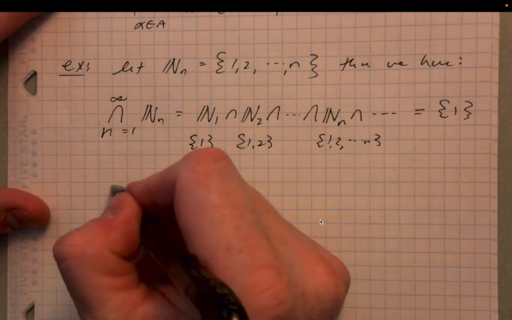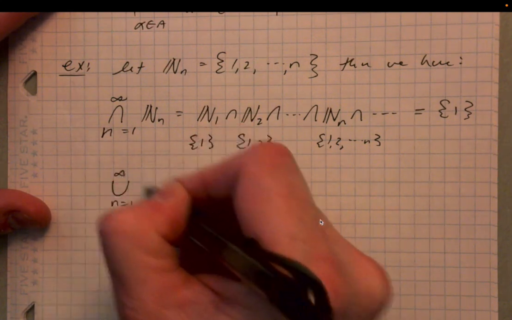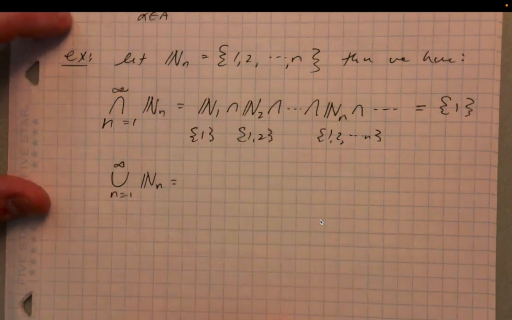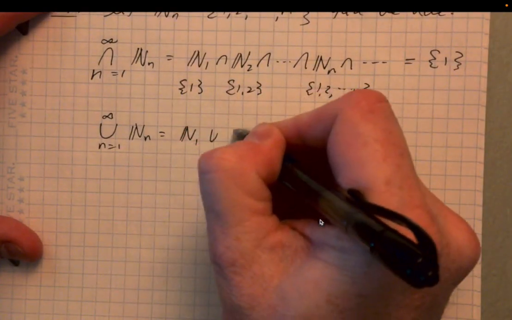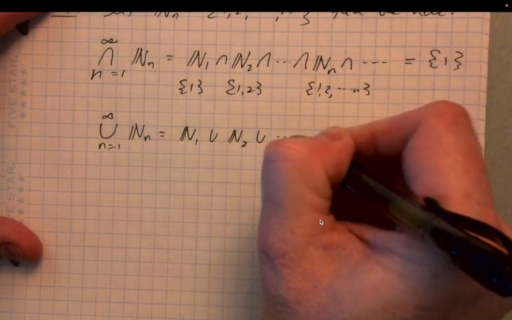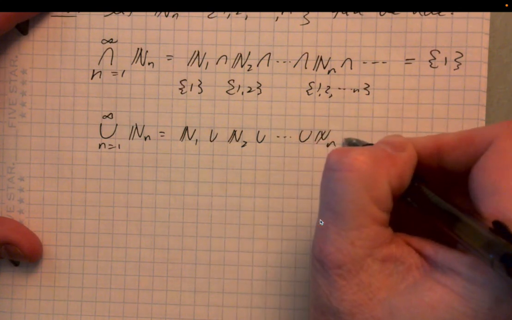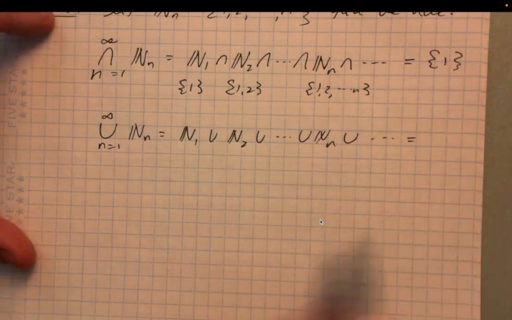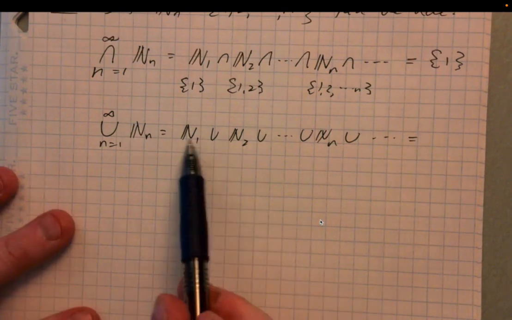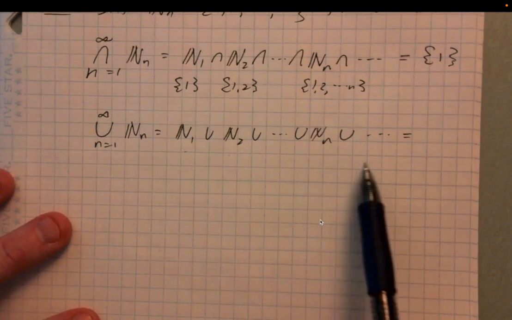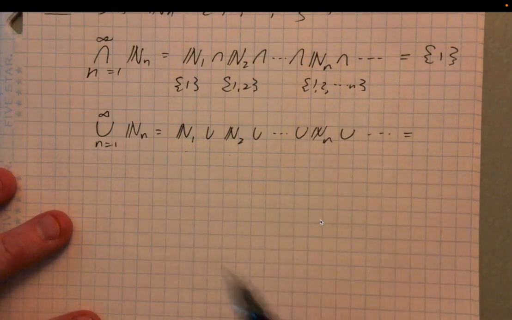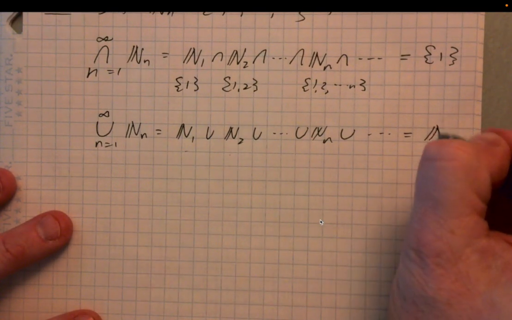What about the union? Well, you can think of this as N sub 1 or N sub 2 or N sub n. And what is that? Well, remember, this is 1 and 2, this is 1 through n, this is 1 through n plus 1, right? So this is going to equal everything, isn't it?